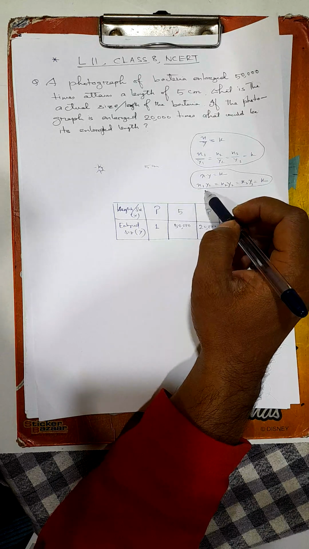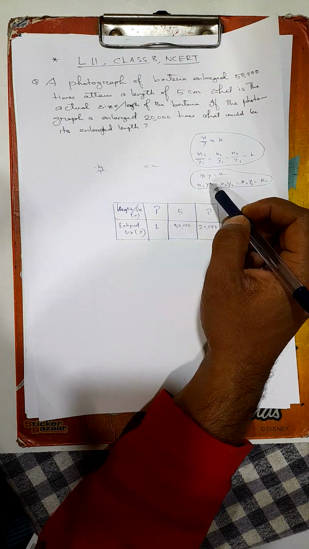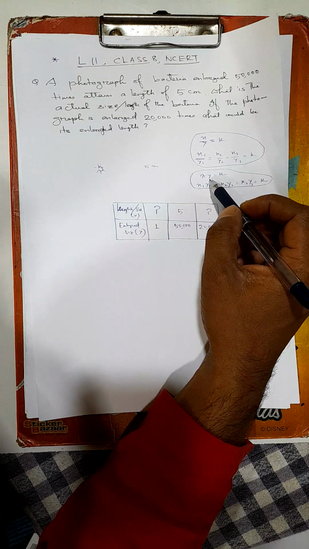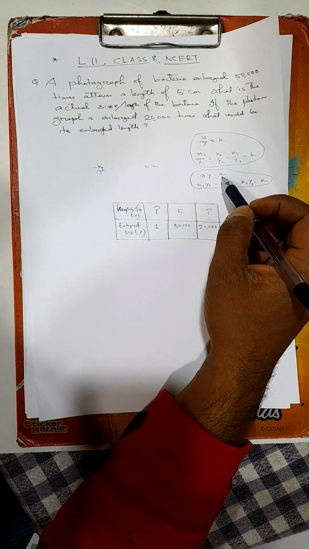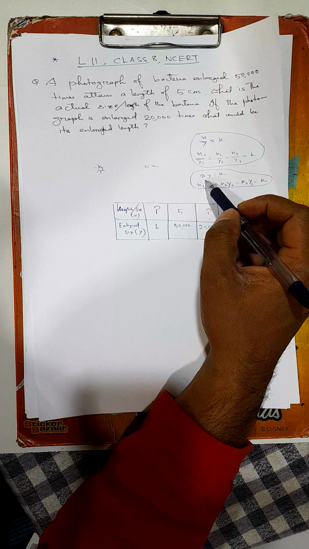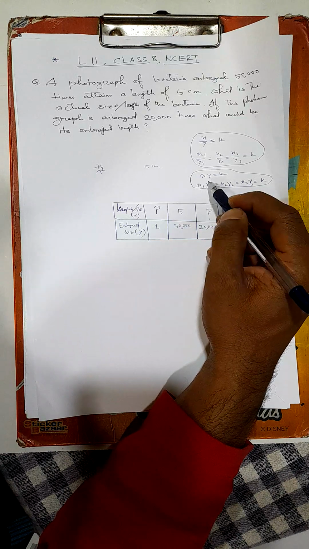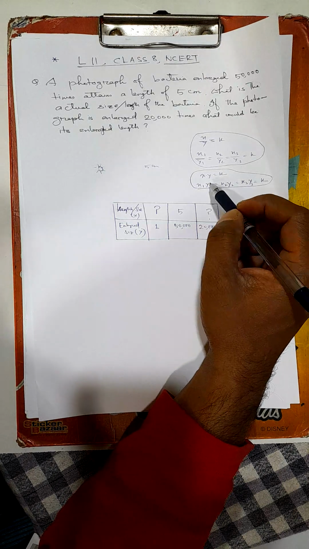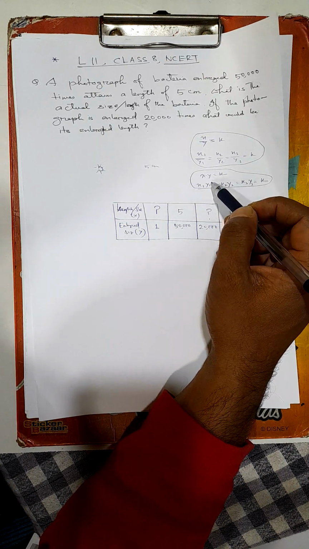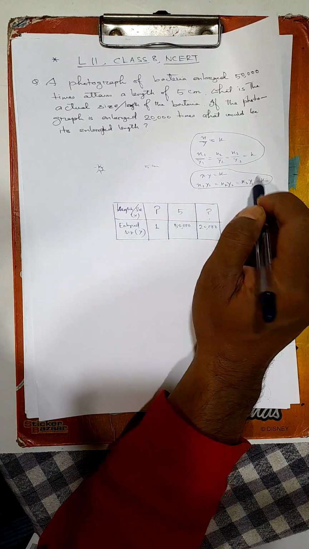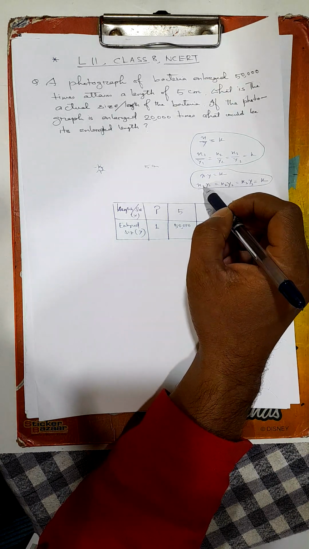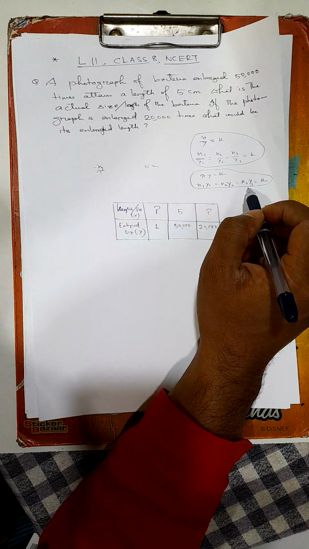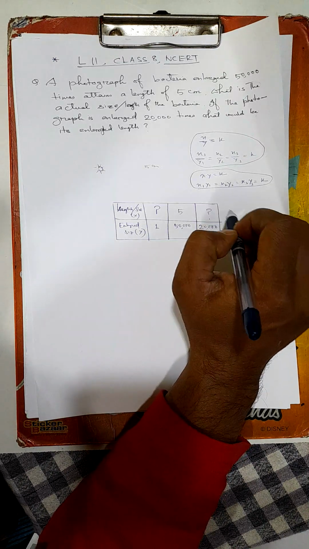Now, for two variables x and y, suppose their relationship is that the product of x and y is always a constant k. That means different values of x are x1, x2, x3, etc., and corresponding values of y are y1, y2, y3, etc. We find that the products x1 y1, x2 y2, x3 y3, etc. are constant.